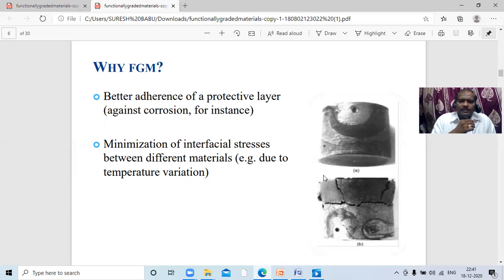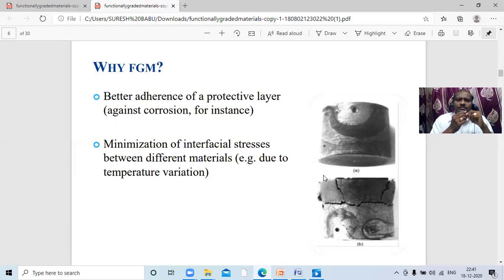The protection may be in terms of hard hitting, corrosion, or it may be a shock-proofing material, or it may be withstanding high dynamic loading or impact loading. So these are examples to emphasize why FGM are needed.